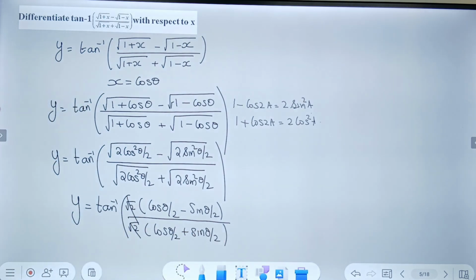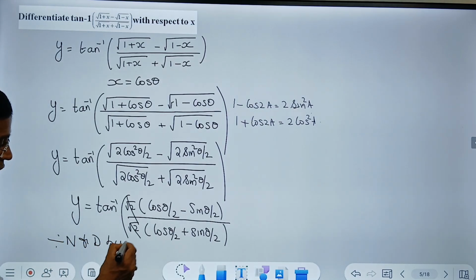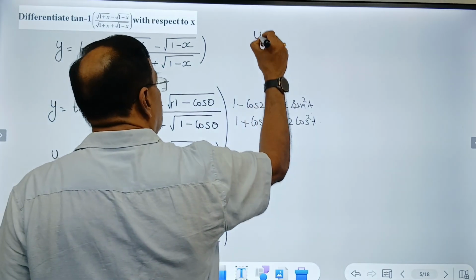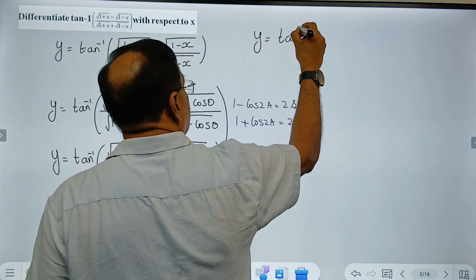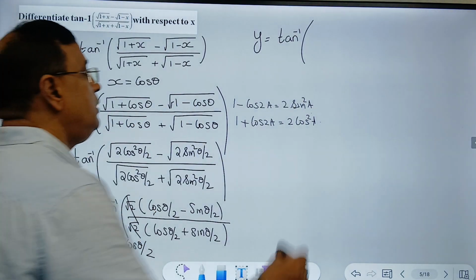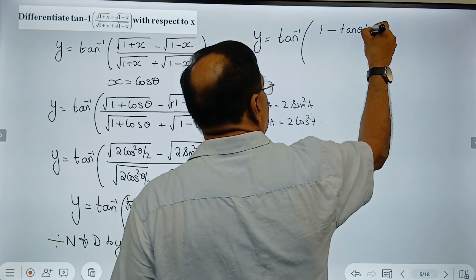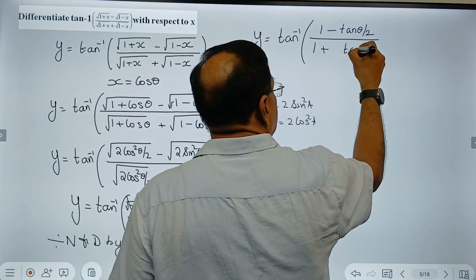They get cancelled. Now what I do, I divide numerator and denominator by cos theta by 2. When I do that, see what happens. I get y equal to tan inverse of, if I divide by cos theta by 2, I get 1 minus tan theta by 2 by 1 plus tan theta by 2.